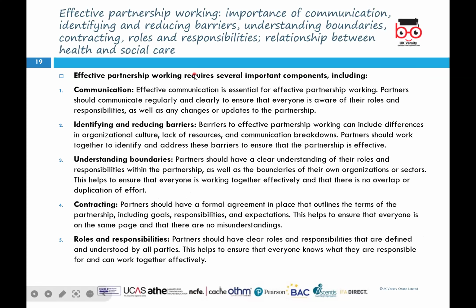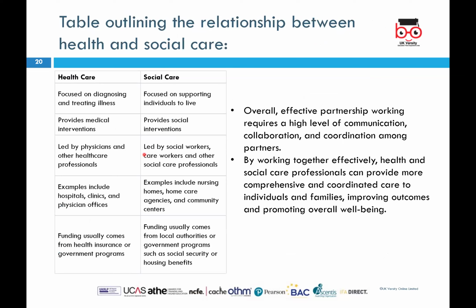So it is very important to have effective communication, identifying barriers and reducing them, understanding each other's boundaries, and roles and responsibilities should be clear. We talked about outlining the relationship between health and social care.